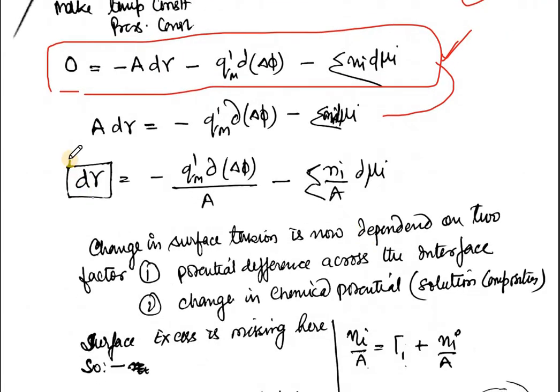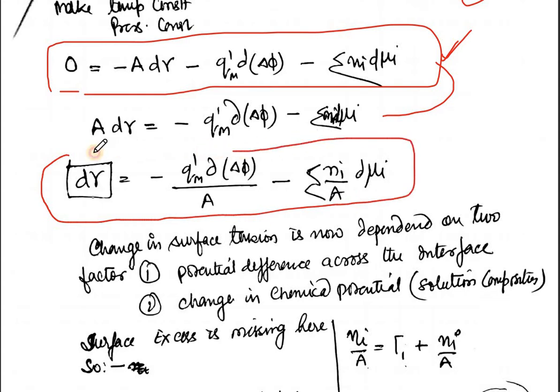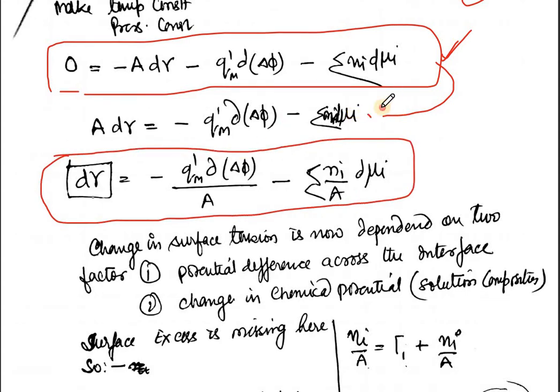Now if we rearrange this equation, we come to an equation which tells us about the change in gamma. So d gamma equals minus q m prime d del phi over A, since it is divided through every term, minus summation n i over A d mu i.